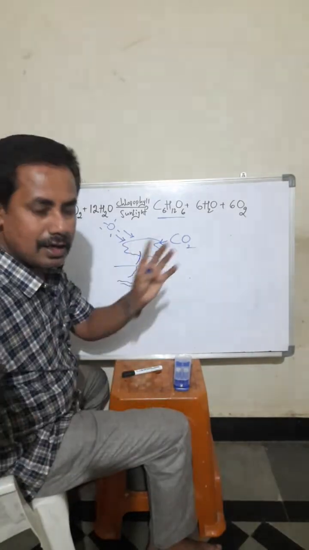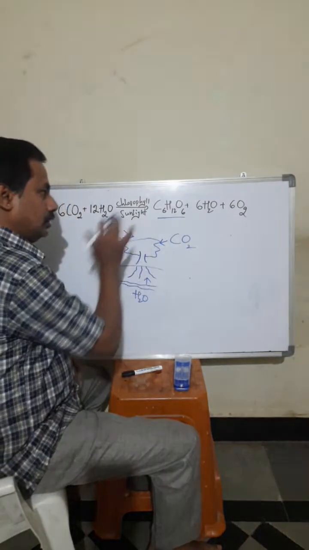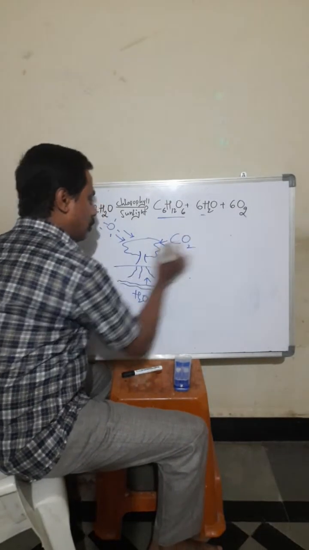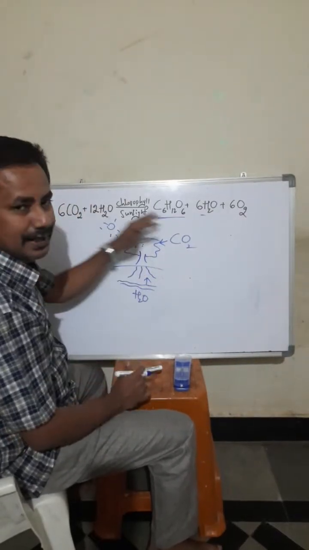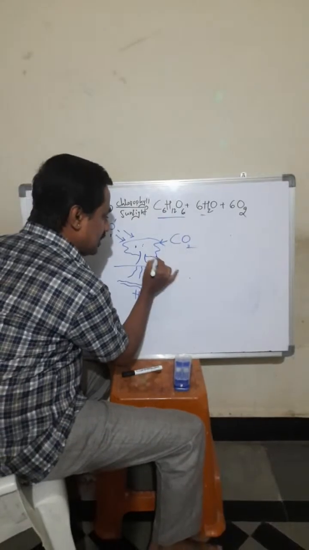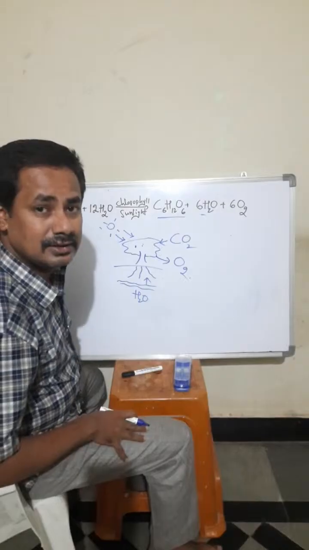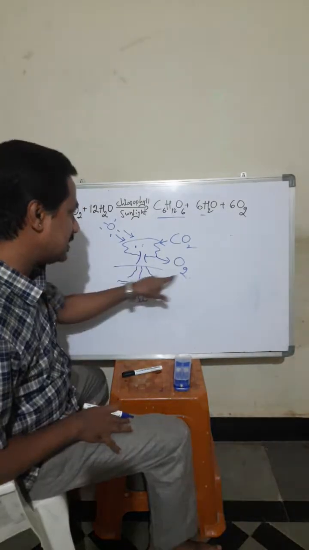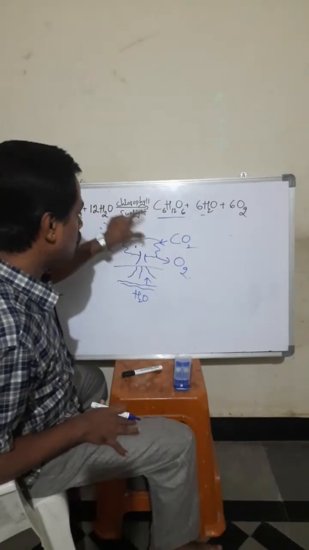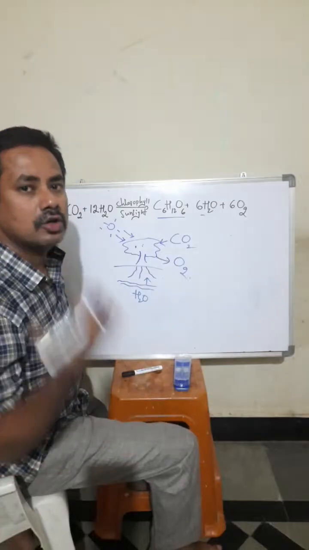Glucose combines together and becomes starch. A small amount of water is formed during the photosynthesis reaction, and oxygen is liberated. Generally we say that plants give oxygen. Why do plants give oxygen? During photosynthesis, after the chemical reaction, the plant releases oxygen.